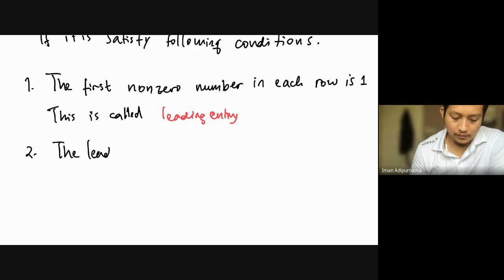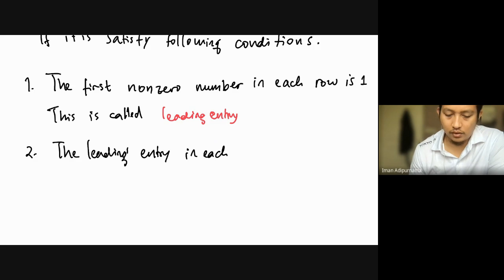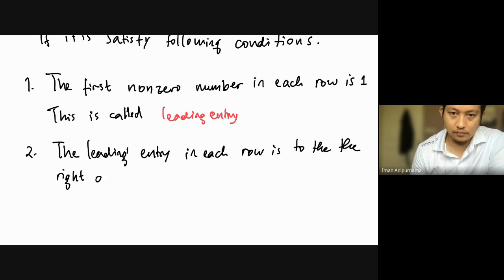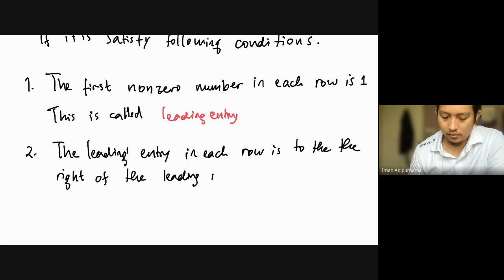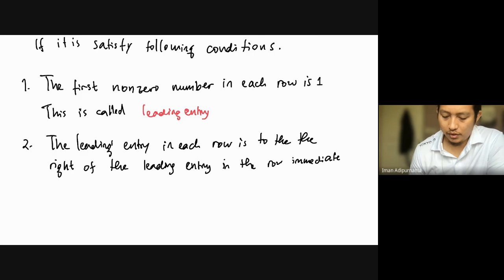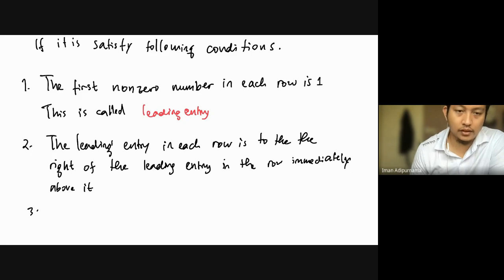The leading entry in each row is to the right of the leading entry in the row immediately above. I will say later what this means.